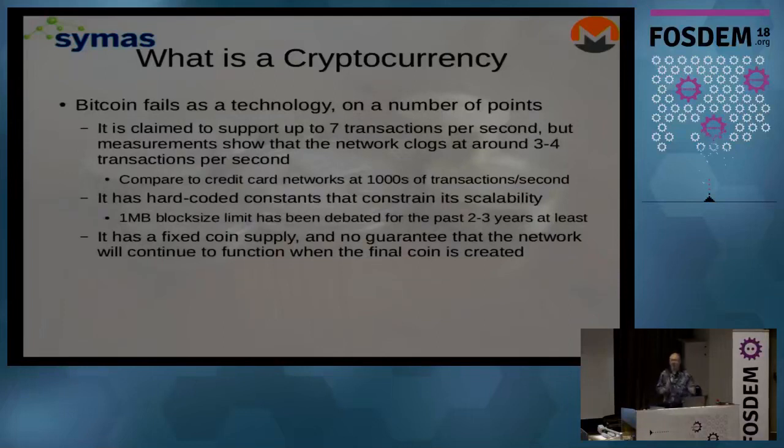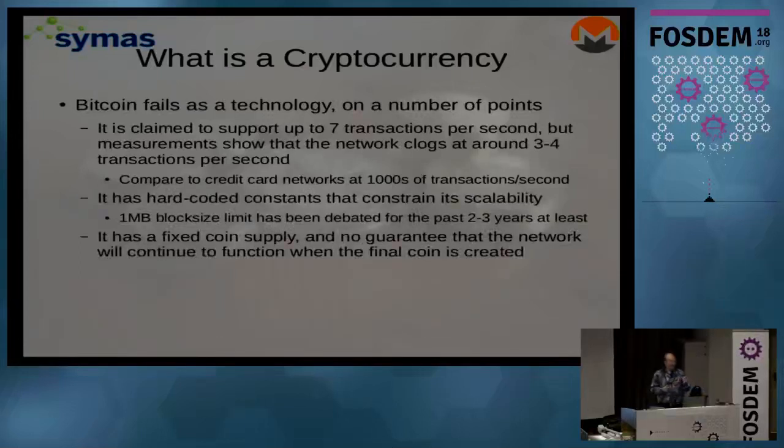It's been going on for years. Supposedly, it has been resolved with the introduction of these new techniques they call SegWit and other things, but the reality is it's still a very large political battle between different factions, and as a result, the network itself is still crippled.